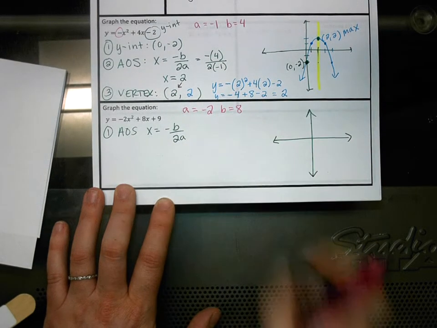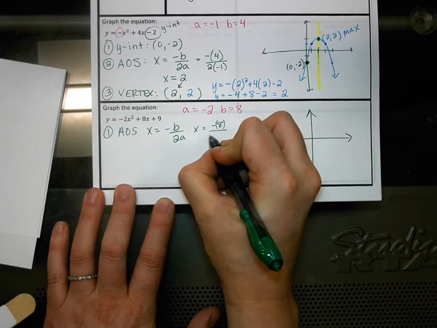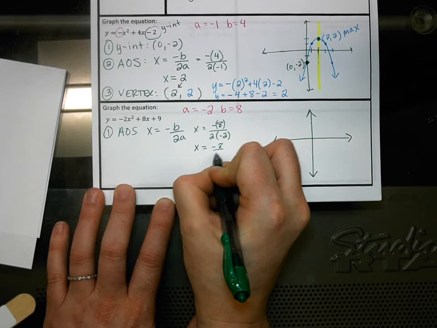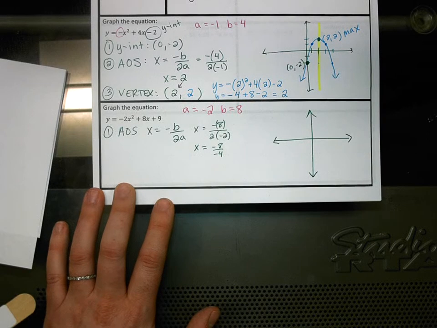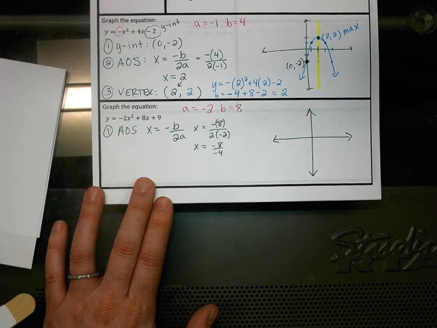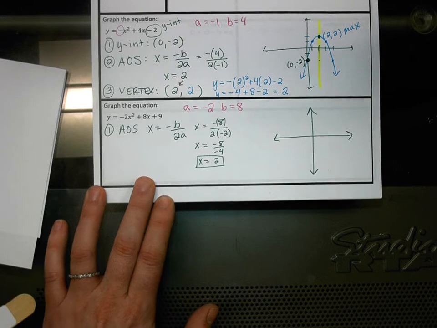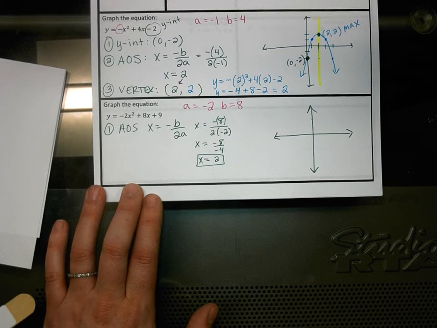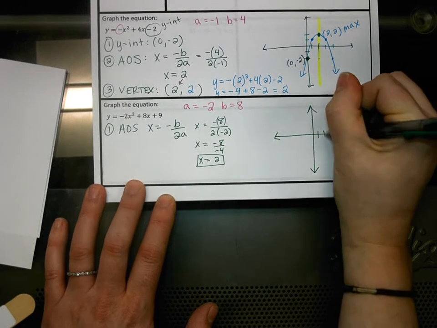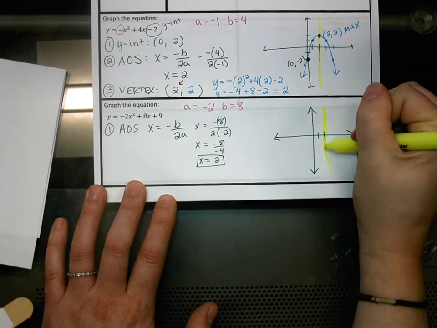A is negative 2, b is 8, so this is going to give me negative 8 over 2 times negative 2. All right, when I simplify that, what do I get? 2. Okay, I promise your axis of symmetry is not going to be 2 every single time. It just happened to work out that way for these examples. So, we're going to plot that.